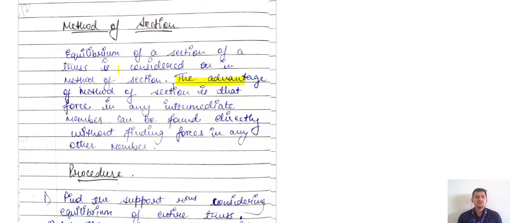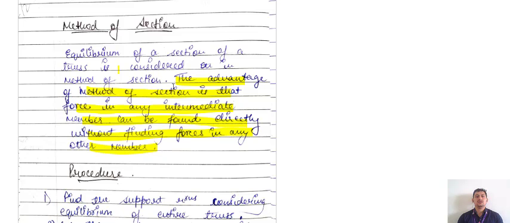The advantage of the method of section is that the force in any intermediate member can be found directly without finding the forces in any other member. In method of joints you were considering each joint for calculating the member forces.